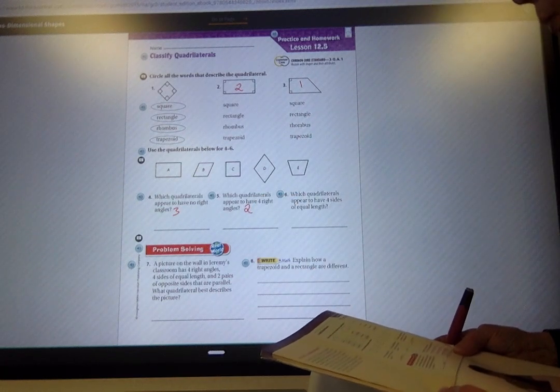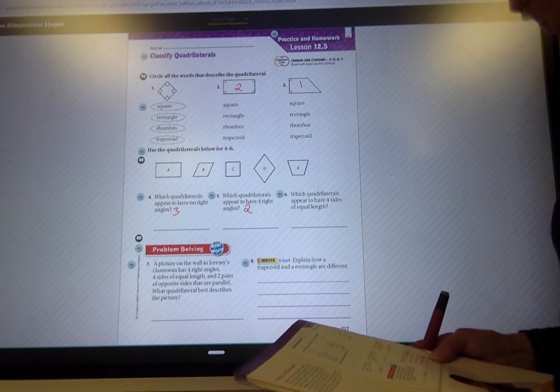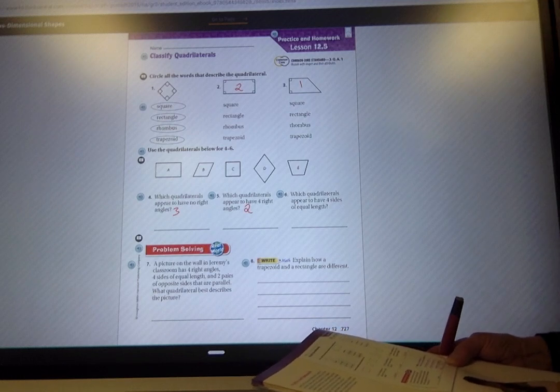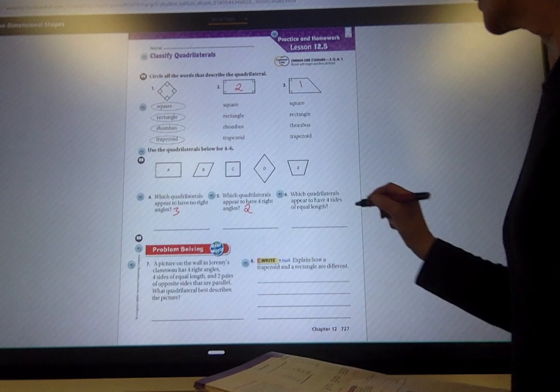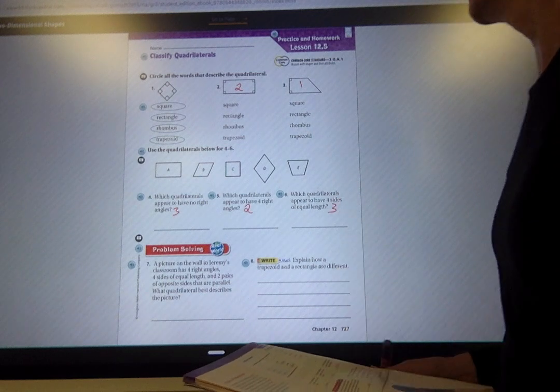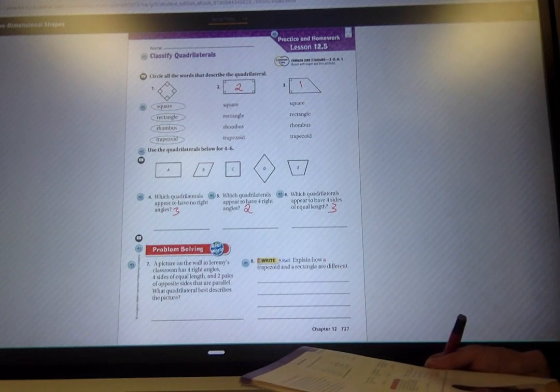Number 6, which quadrilaterals appear to have 4 sides of equal length? There are 3 of them. Look carefully.